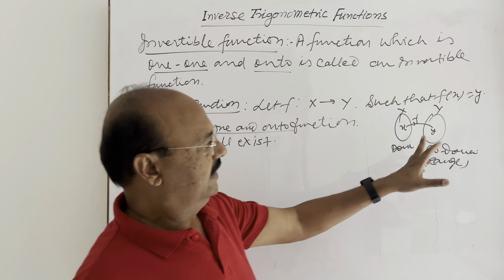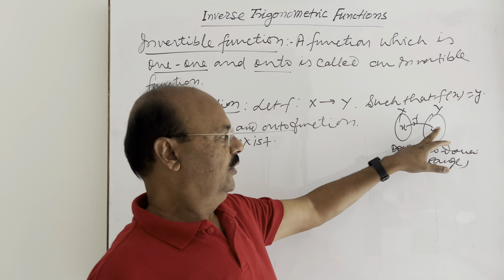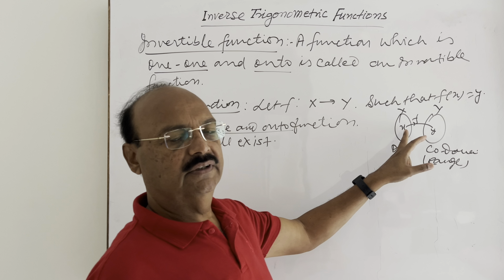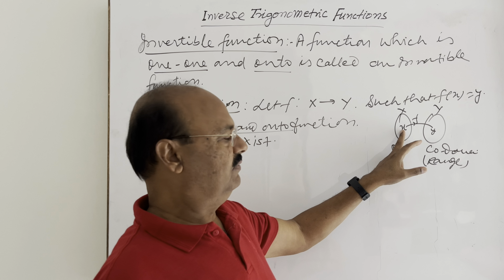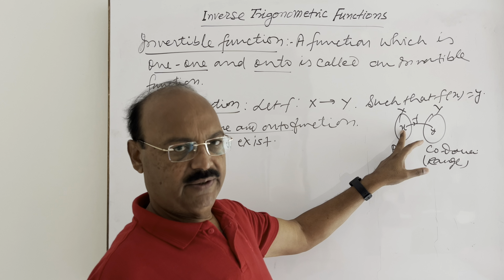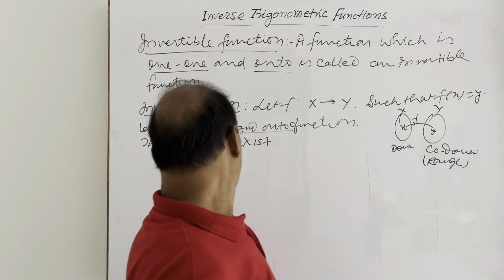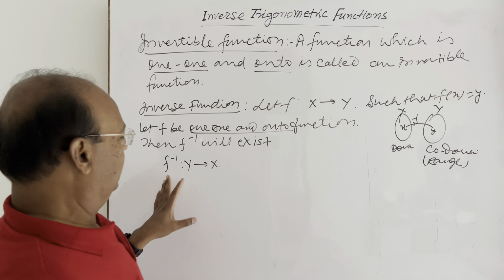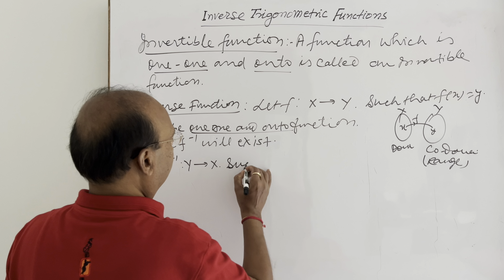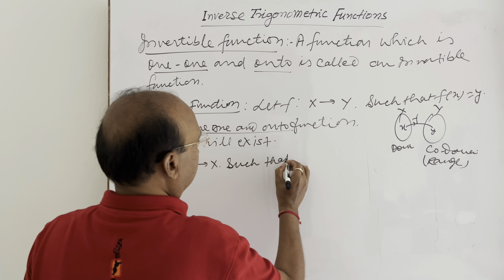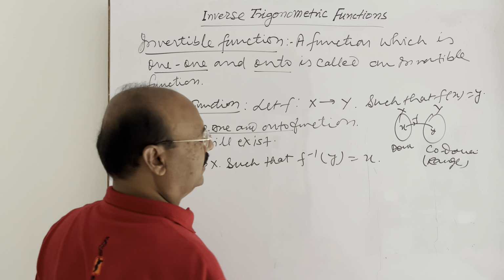Then the range of the function f becomes the domain of the inverse function, and the domain of the function f becomes the range of the inverse function. Okay, then a function f inverse will be defined from y to x such that f inverse of y is equal to x.